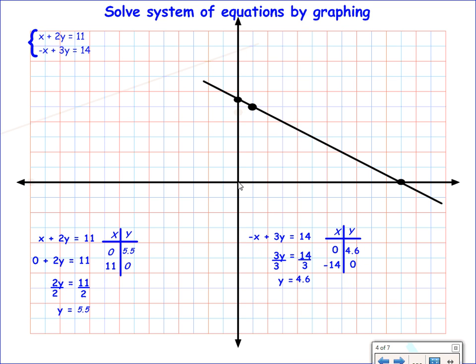On the y-axis, the y-intercept is at 4.6: 2, 4, and let's put him right there. And on the x-axis, the intercept is negative 14: 2, 4, 6, 8, 10, 12, 14.